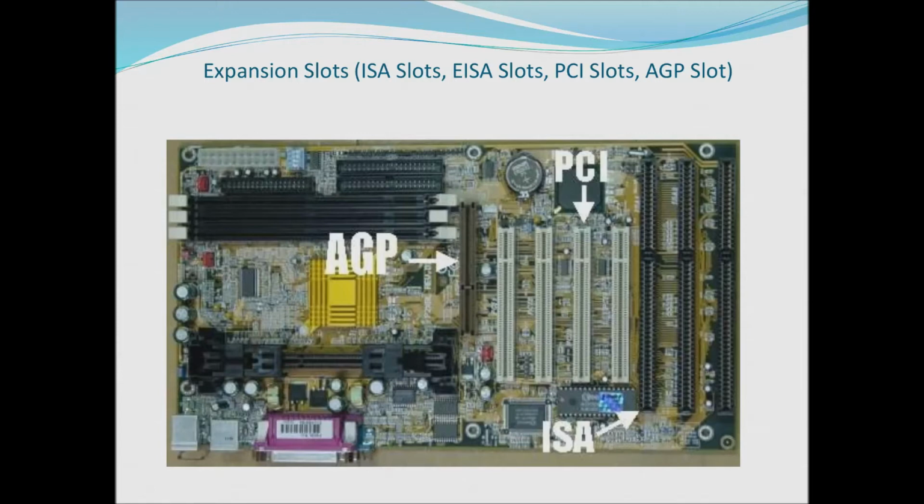EISA means Extended Industry Standard Architecture slot. PCI means Peripheral Component Interconnect slots, and AGP means Accelerated Graphics Port slot. In these slots, we can add extra expansion cards to improve the efficiency of the computer.